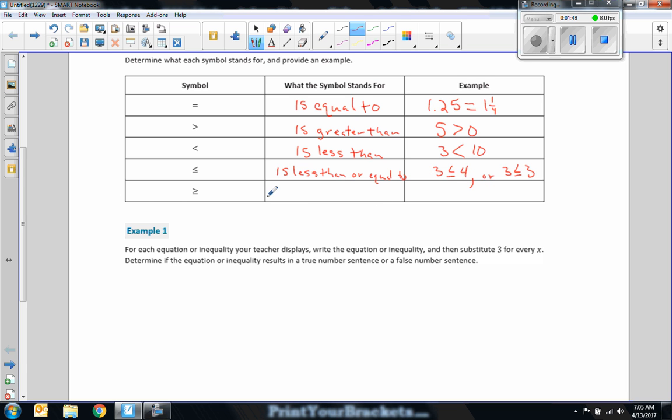Okay, the last one is greater than or equal to. So I could say 3 is greater than or equal to 1. That's true because it's greater.